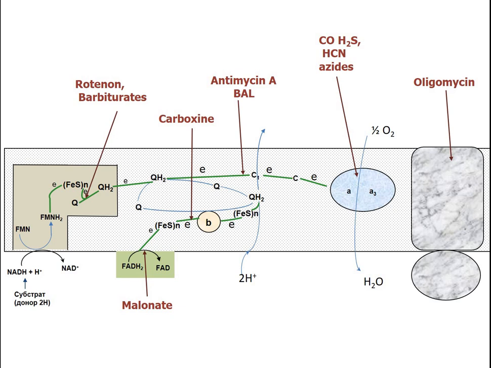The fungicide carboxin blocks the third respiratory complex at the level of cytochrome B. Antimycin is a metabolite of some bacteria, and British antilewisite blocks electron entrance into cytochrome C1. Carbon monoxide, hydrogen sulfide, and hydrocyanide are inhibitors for the fourth respiratory complex.